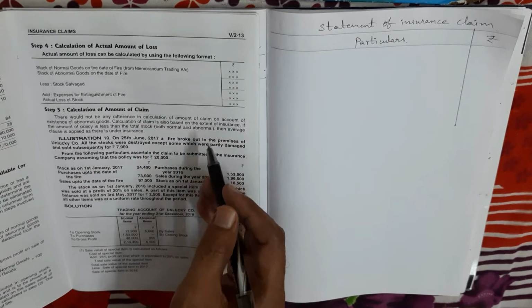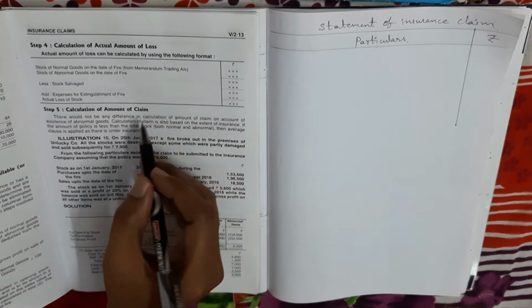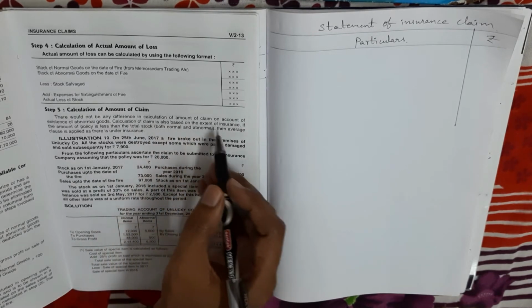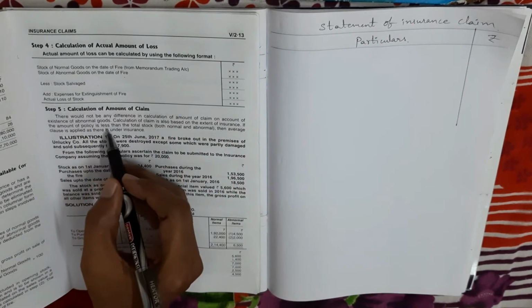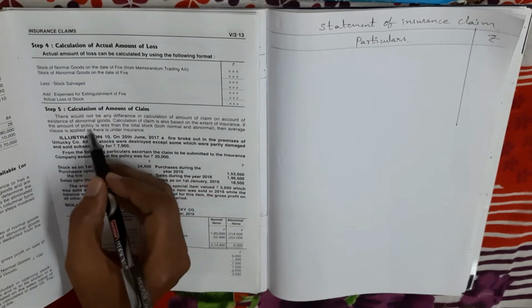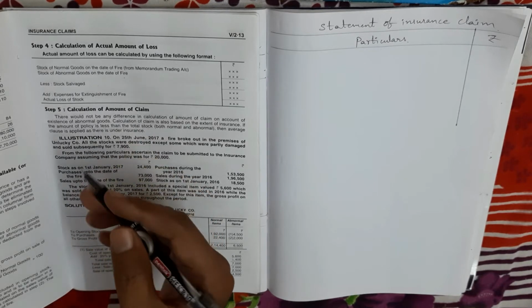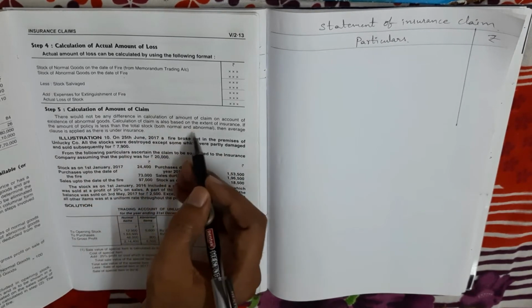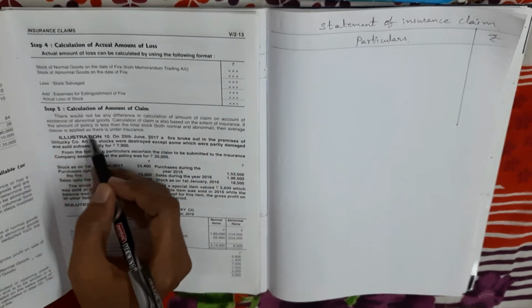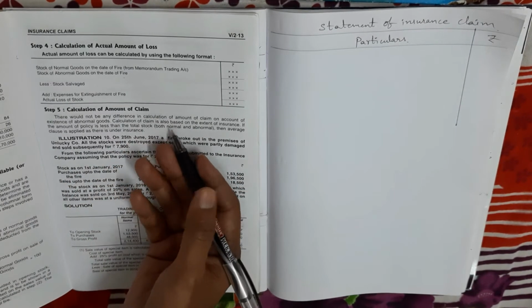If the estimated value of stock is more, that means the amount of policy is less than the total stock, and we apply the average clause. This point you already know. So remember these 5 points.